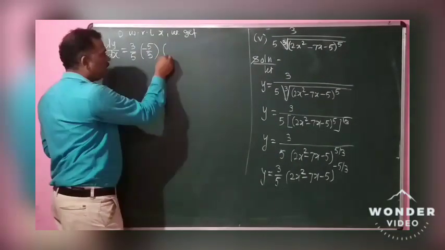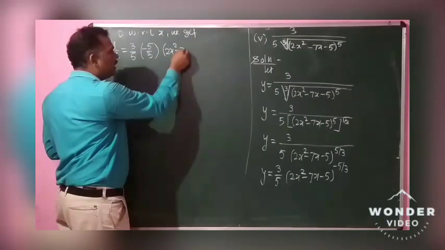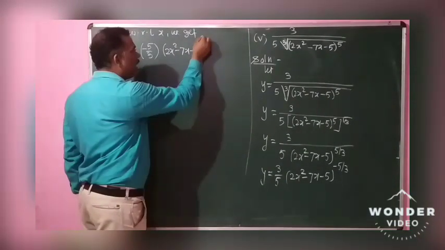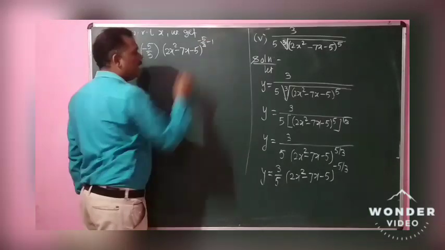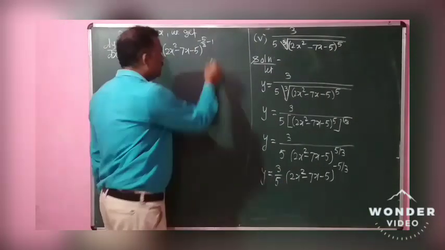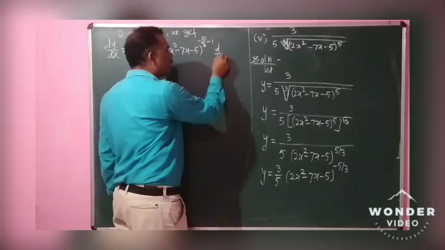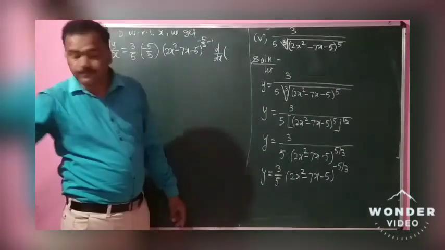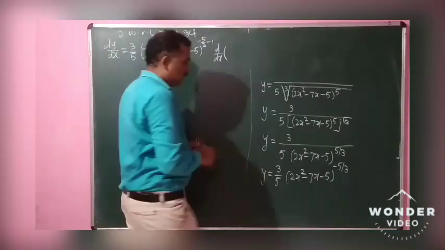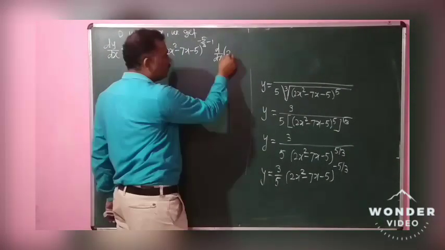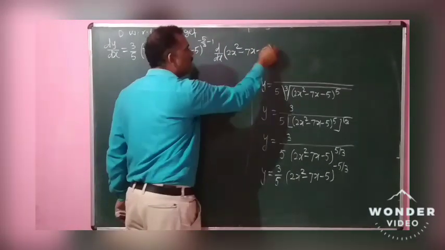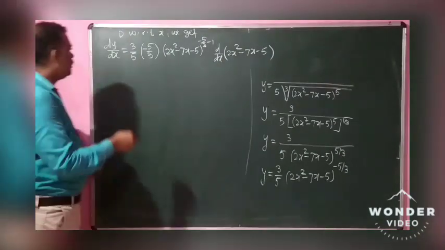Okay, so what we get? 2x square minus 7x minus 5 raised to minus 5 by 3 minus 1 into d dx of this bracket, that is into d dx of, okay, what is that bracket? d dx of 2x square minus 7x minus 5.